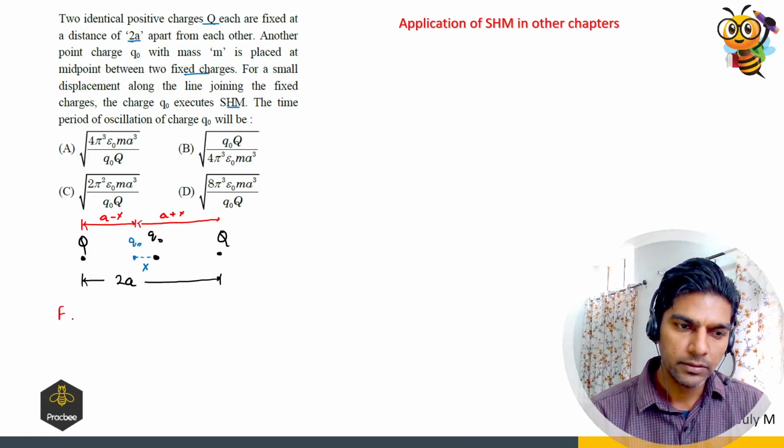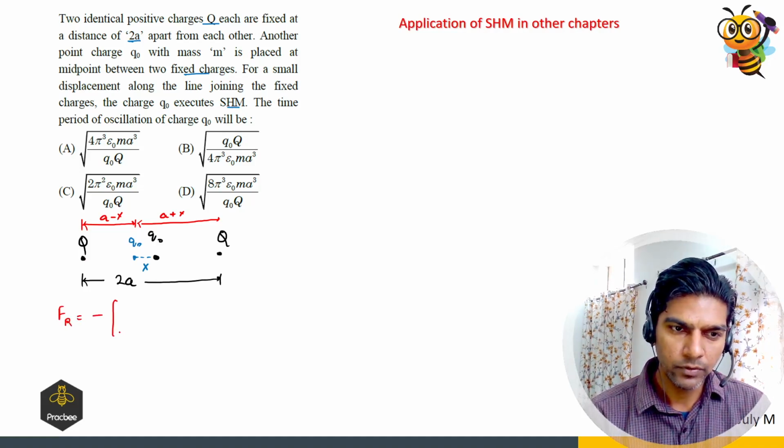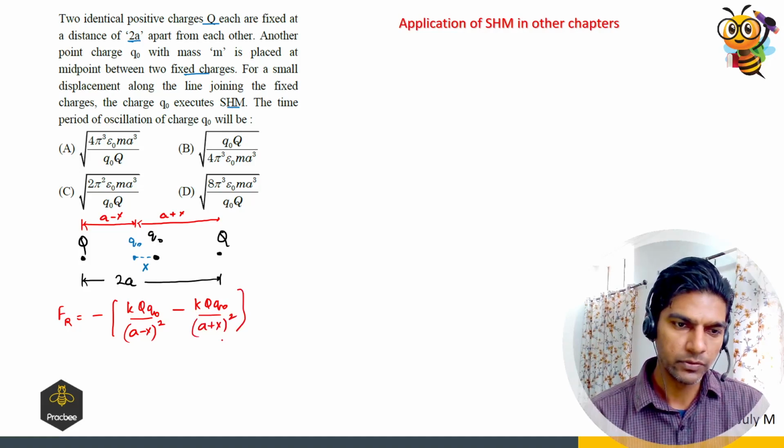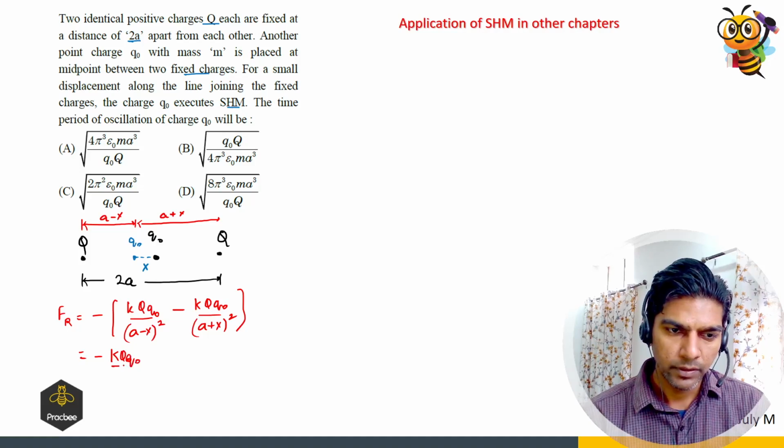So we can say the restoring force in this case will be negative of K Q Q0 divided by (a minus x) square, minus K Q Q0 divided by (a plus x) square. I have just applied Coulomb's law. Now let us take K, Q0, Q and a square common.